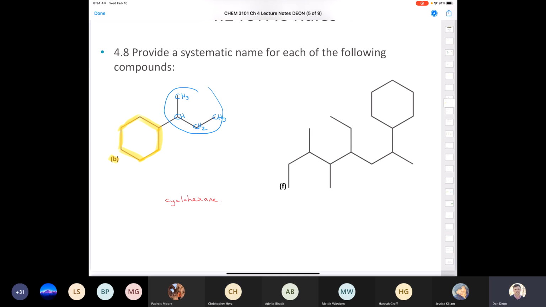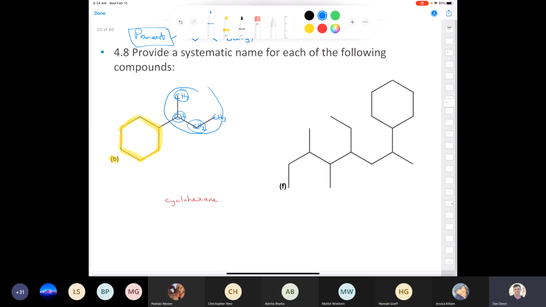If it's just plain old butyl, you would have the parent, and then you would have 1, 2, 3, 4, right? That would be a butyl. But since you have, like I told you, 2 carbons coming off of the methine, this is called a sec-butyl group. So this is a sec-butyl.